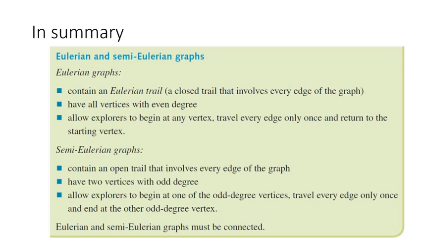So you're allowed to have two odd vertices in the semi. This one is just neither. So that one's all even, so you get to go. Yeah, because it's got all even aside from two.